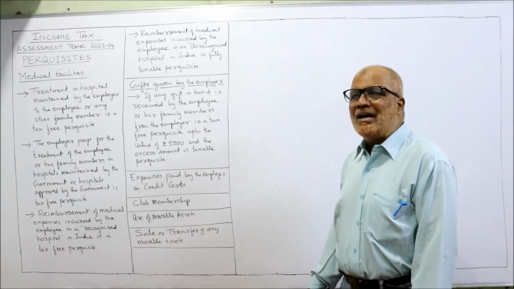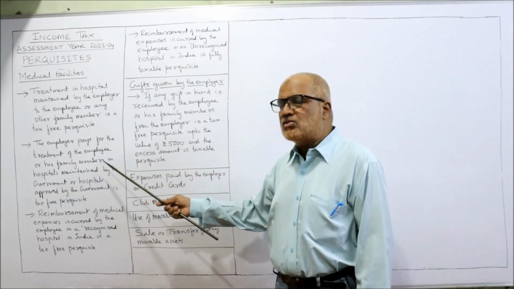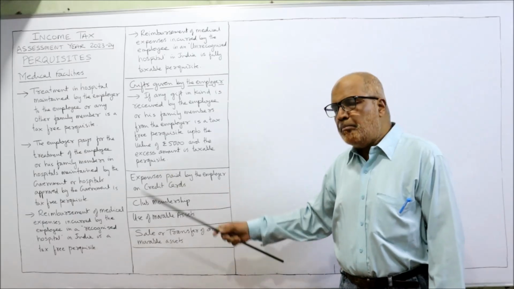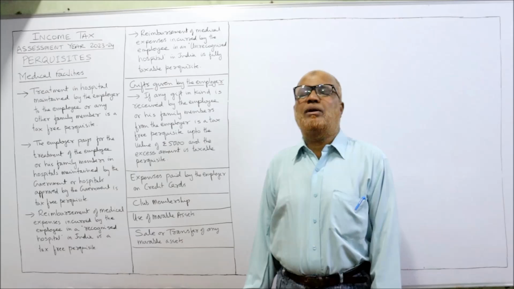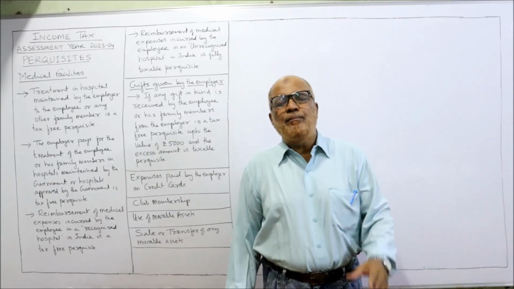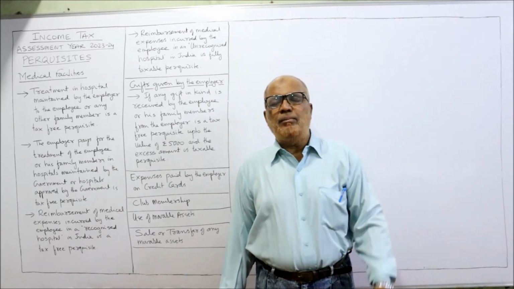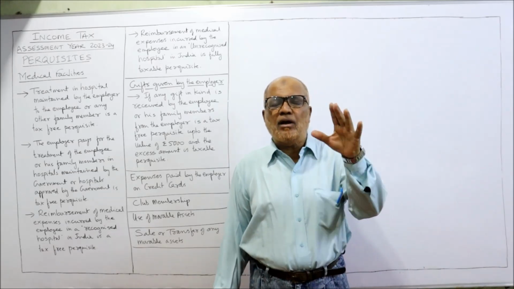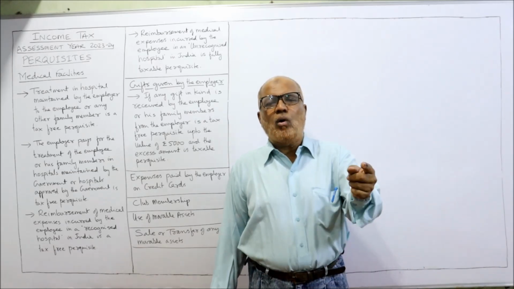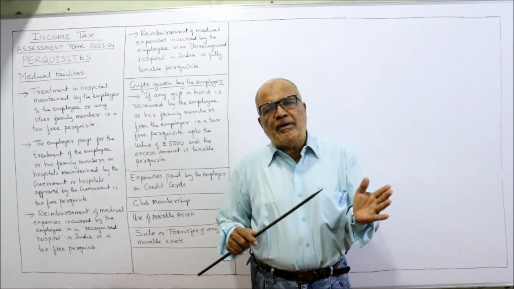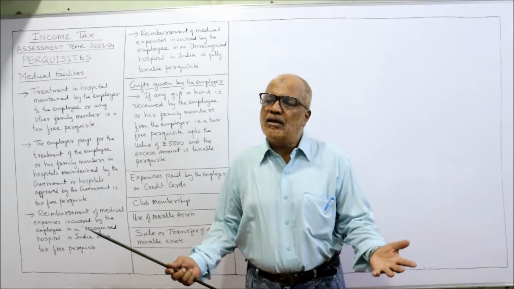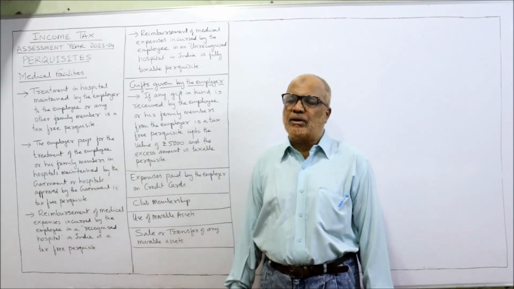Similarly, if the employer pays for the treatment of the employee or his family member in hospitals maintained by the government or approved by the government, it is a tax-free perquisite. Sometimes the employee or family member gets treatment in a government hospital or government-approved hospital but the payment is made by the employer; then again it is a tax-free perquisite.